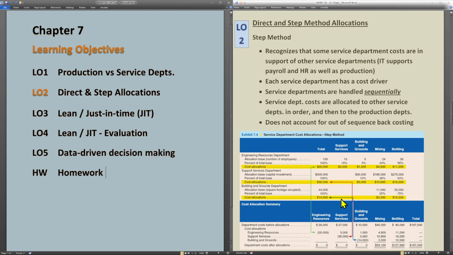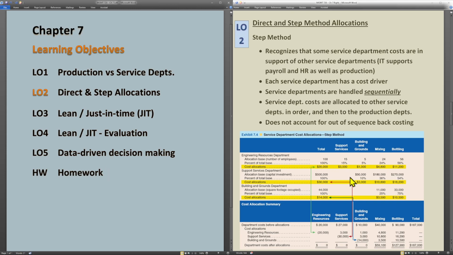So, okay, you'll notice again that we have to have an allocation base, and we have to have a way to take this 20,000 and divide it amongst all these things. Now, here it says the number of employees for the engineering resources. Notice that it doesn't take its own employees as part of the total.